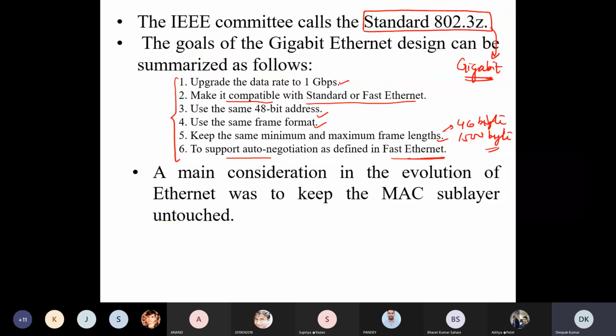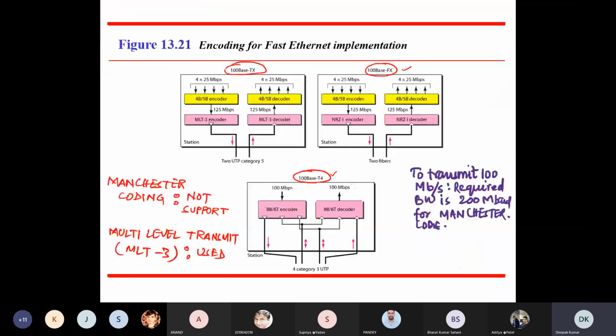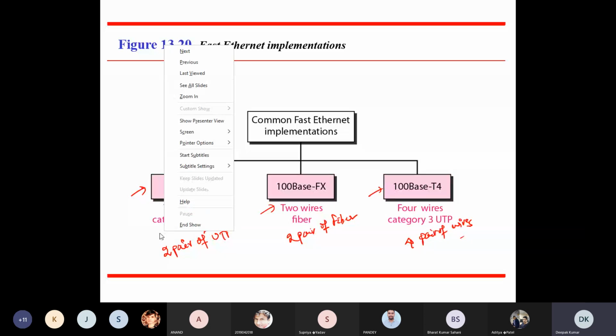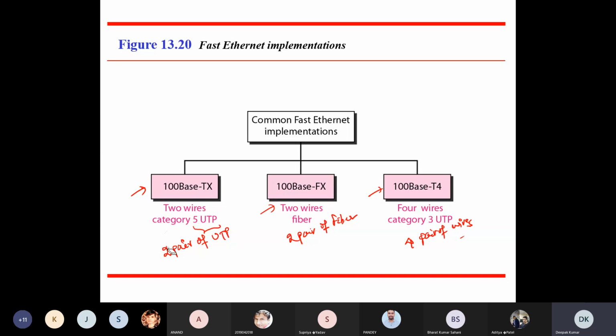I made one mistake here. Not two pair, this is one pair only. Two wire means one pair.